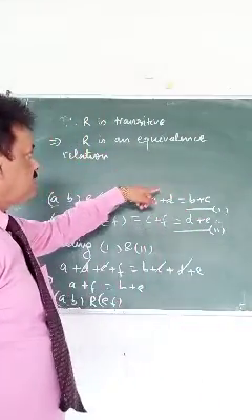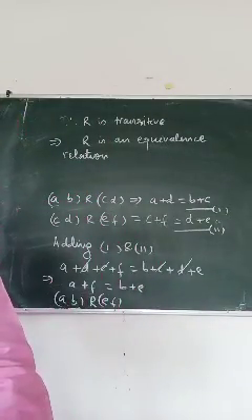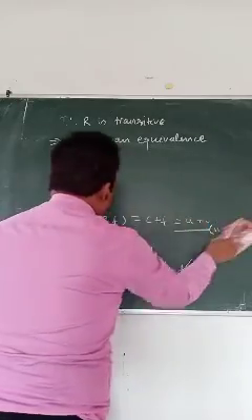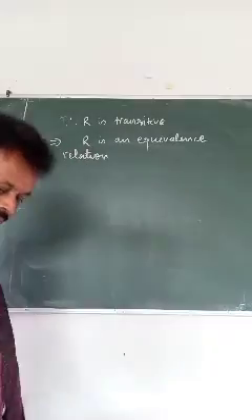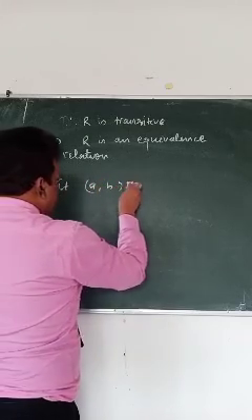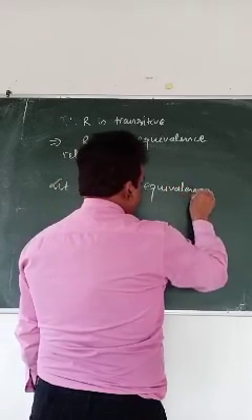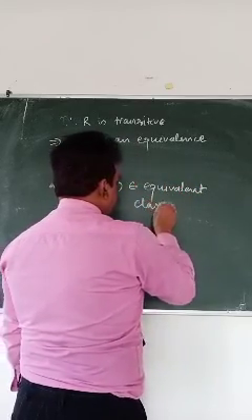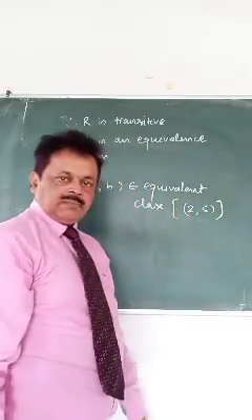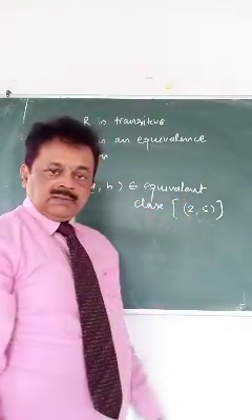Then we will make a partition whose one element is 2, 5. So let's write. Suppose AB belongs to equivalent class. Which one? 2, 5. Suppose in that equivalent class, suppose these two are elements.